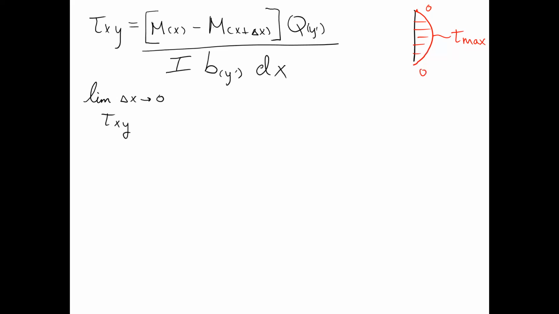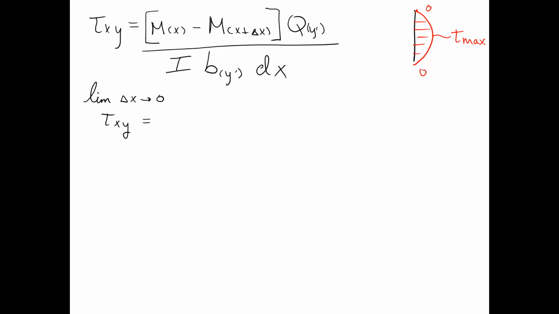And that gives us tau xy equals, okay, so the only things in here that are functions of x are the moment, right? If I have the moment at x minus the moment at x plus delta x, so this is a change in moment, and dx goes to 0.